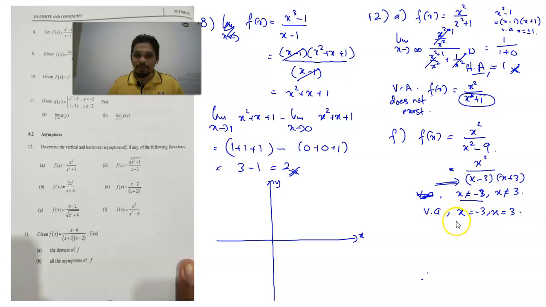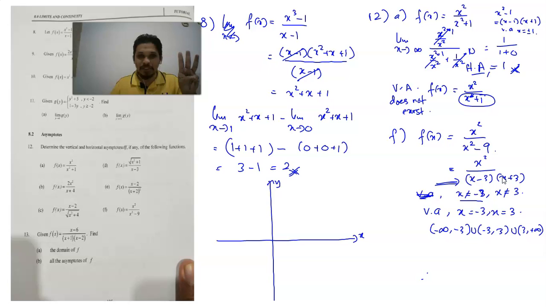And also, we can determine the domain of this function, which is negative infinity until negative 3, union negative 3 until 3, union 3 to positive infinity. So the denominator can give us 3 pieces of information here.